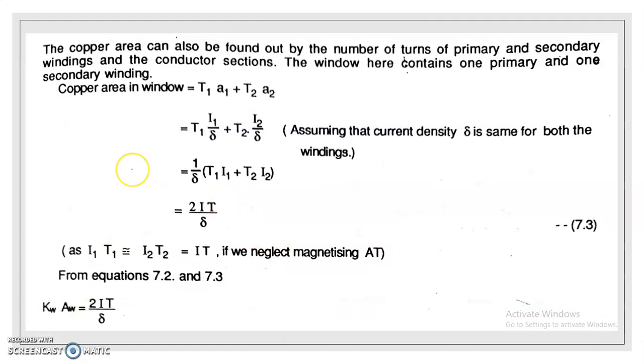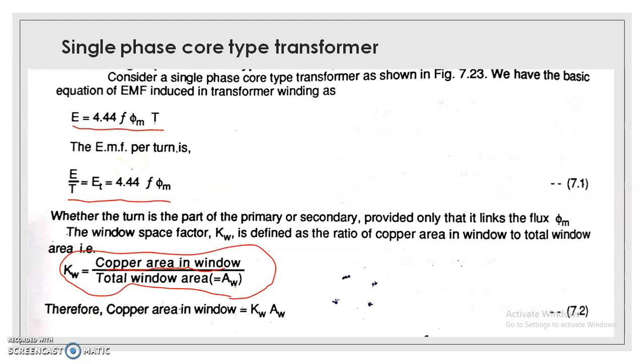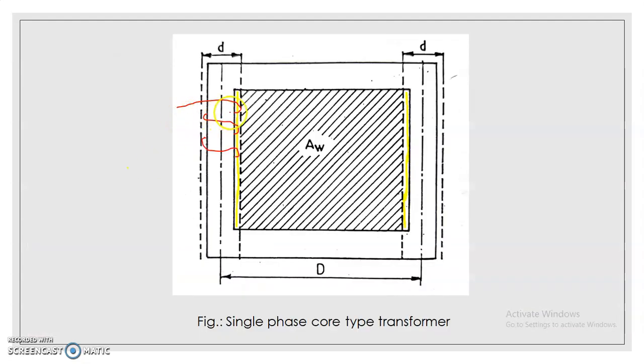Now how to find the copper area in the window? Obviously we can see here, in this portion, consider a single turn which has a cross section area A1 for primary, A2 for secondary. This is for a single turn.